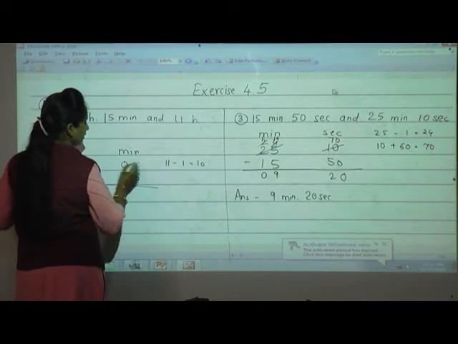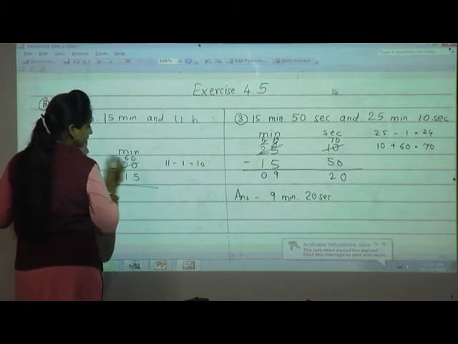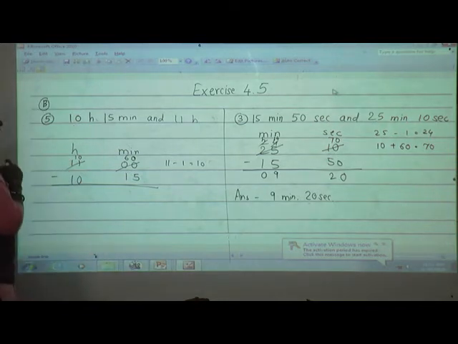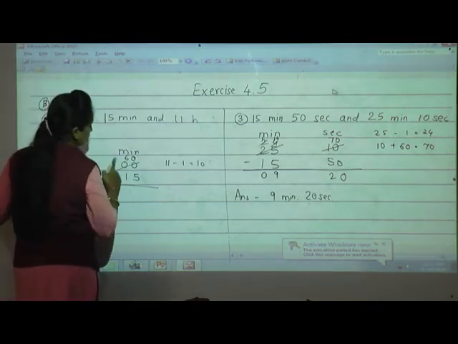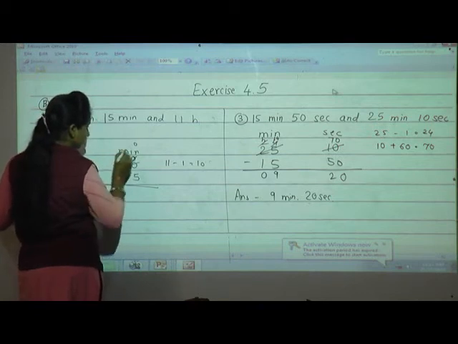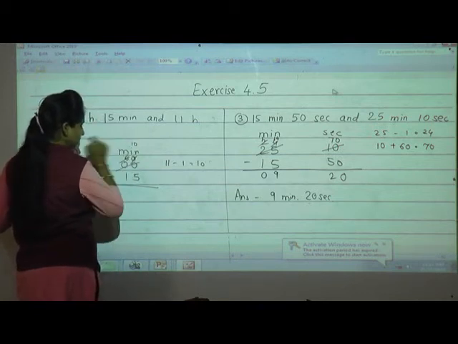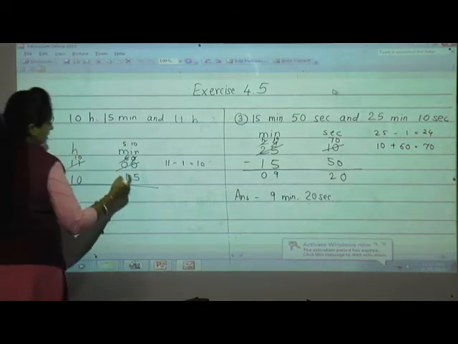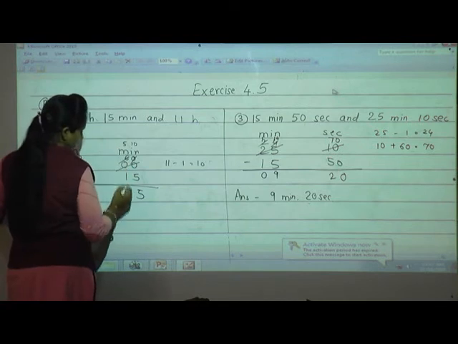Okay, and 1 hour is equal to 60 minutes, isn't it? Yes. Now we have here 60. So 0 minus 5, we can't; cut the 0, write as it is. Take borrow from the neighbor. Neighbor is having 6. He will give 1. Here 5 will remain. Now 10 minus 5 is 5. 5 minus 1 is 4.